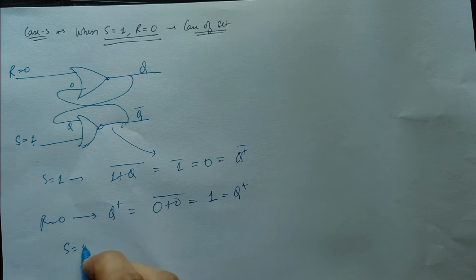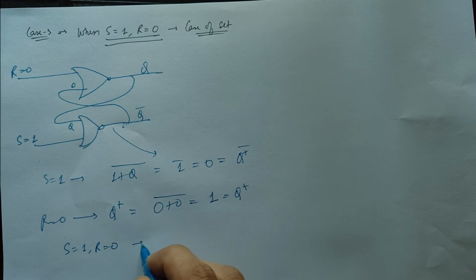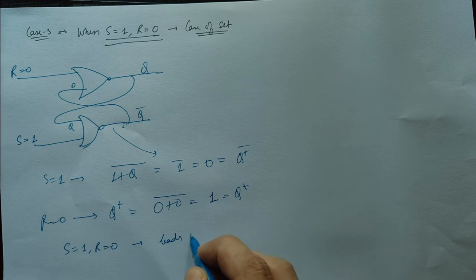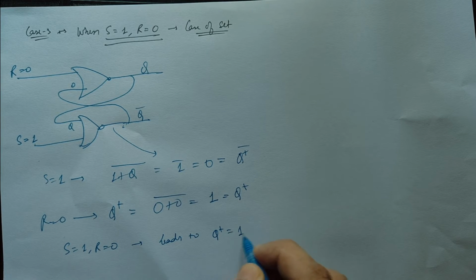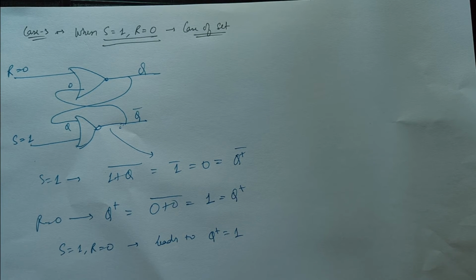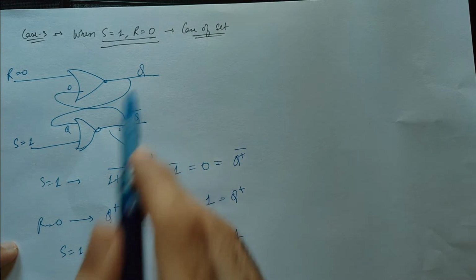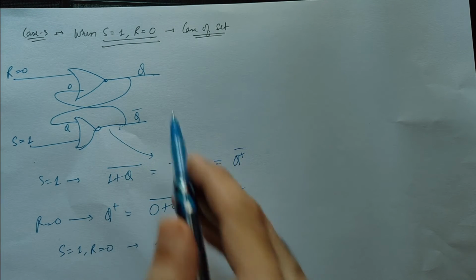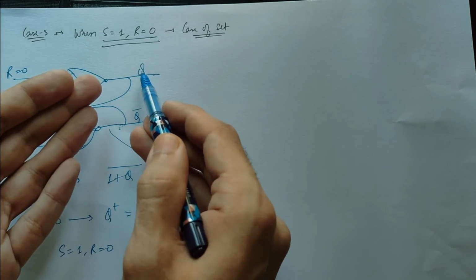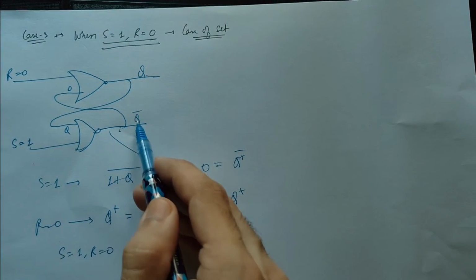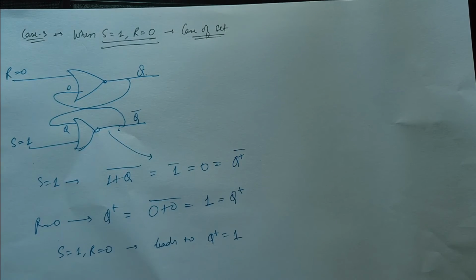So what we can say, S equals 1, R equals 0 leads to Q plus as 1. As the output is becoming 1, we always take the output at Q, and Q bar is just the complement of this output.